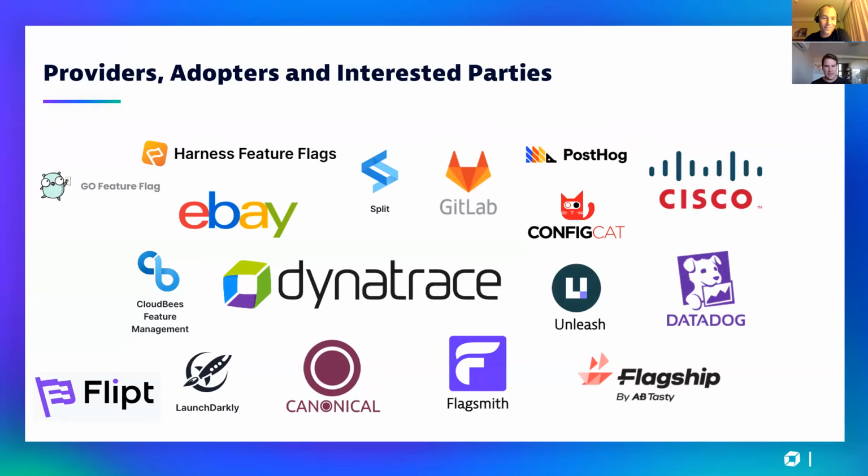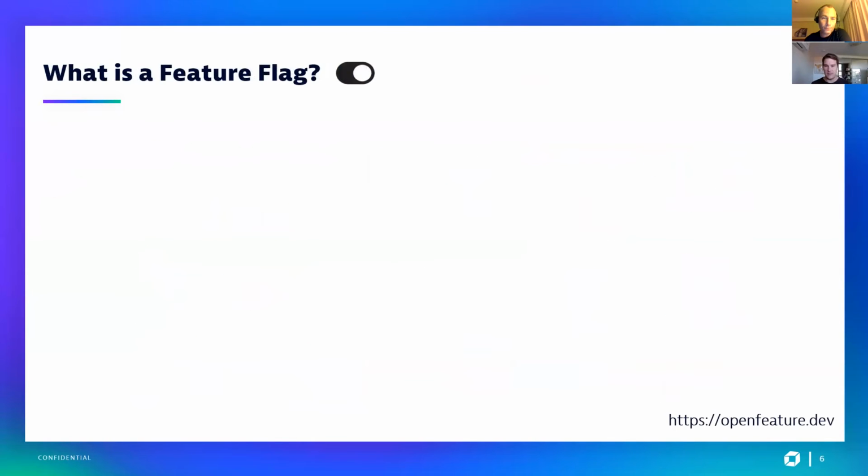Cool. So taking a step back, if you're brand new to feature flags, let's just quickly cover what a feature flag is. In its most basic form, it's a complicated if statement. If you've ever written an if statement, you know, if this, then this, otherwise do this. Fundamentally, that's what a feature flag is. It's a way to take a microservice and really turn it into a nano service.